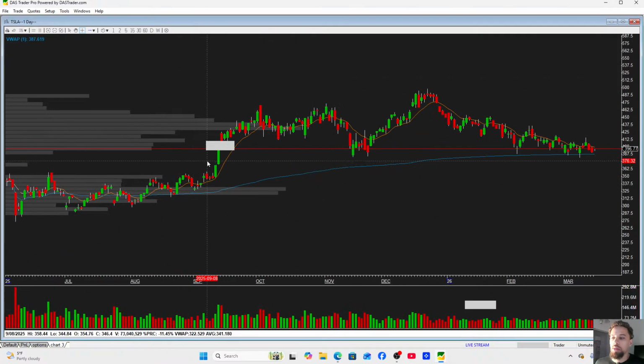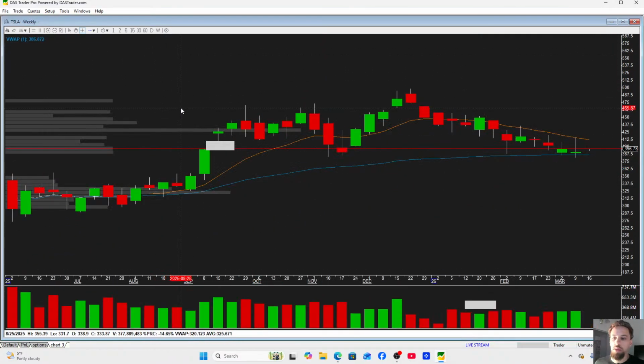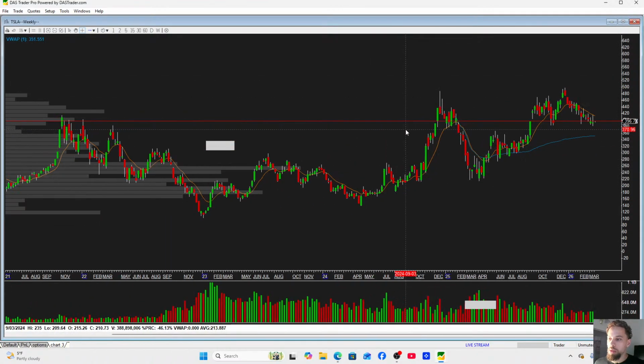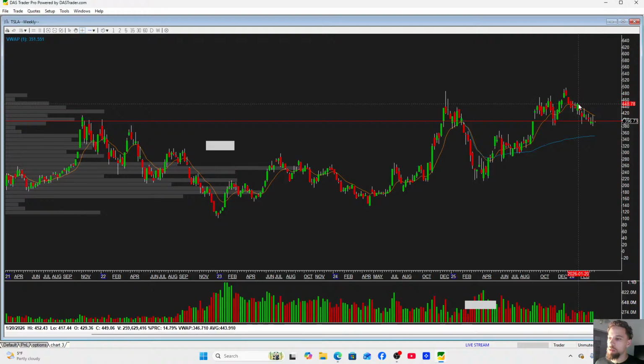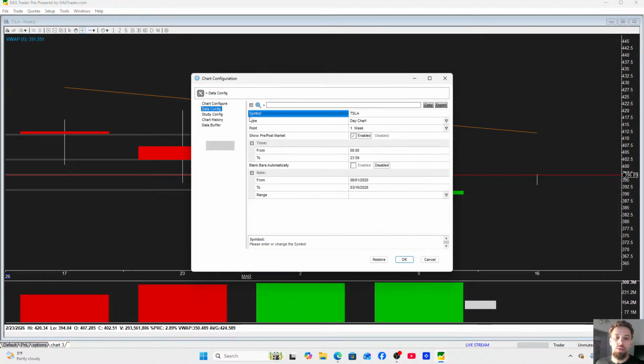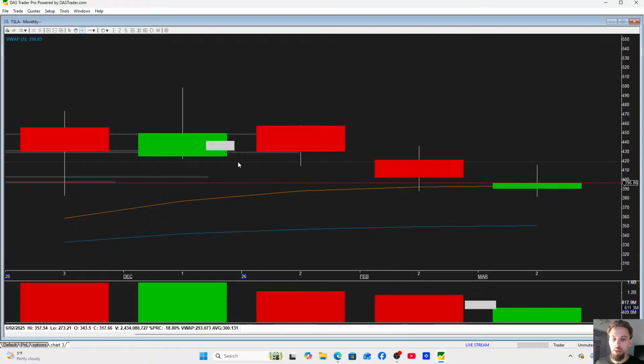Let's see, Tesla. Let's go to the weekly here. Zooming out, looking left. Slowly just been trending down here. Let's go to the monthly chart, see what that looks like.